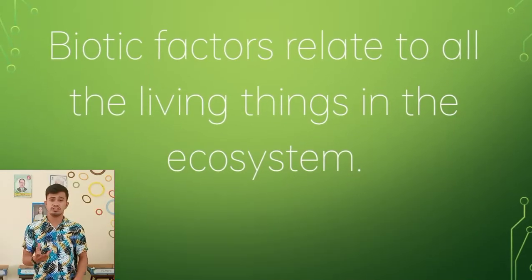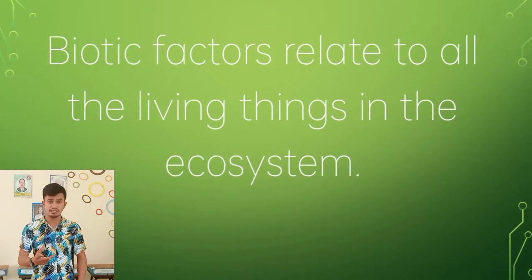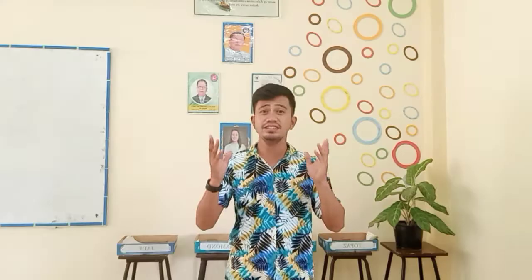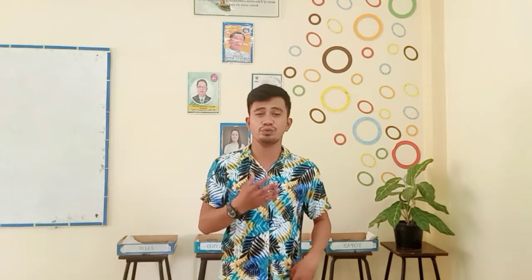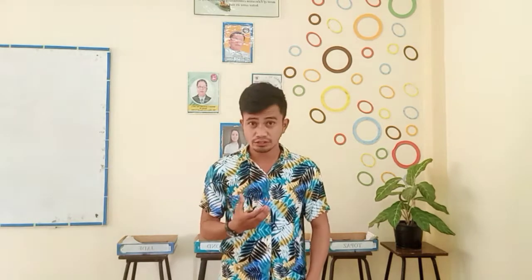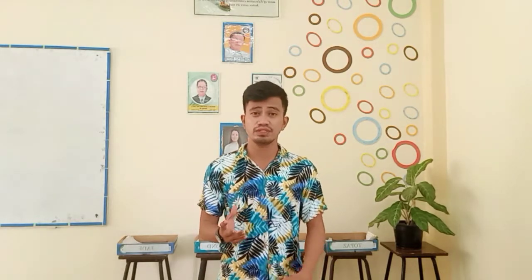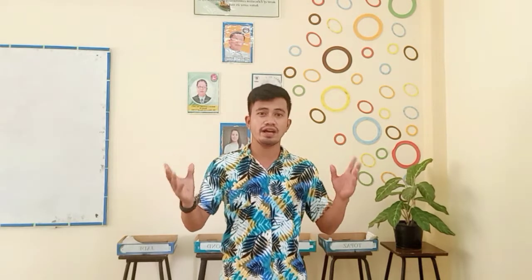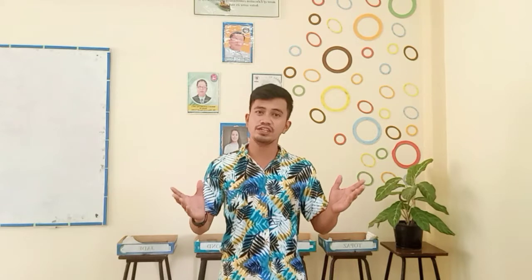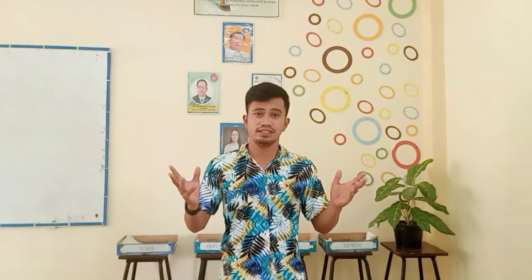Biotic factors relate to all living things in the ecosystem. It's really easy to understand the difference between biotic and abiotic factors. When we say biotic, we are dealing with living things, while with abiotic factors, we are dealing with non-living things.